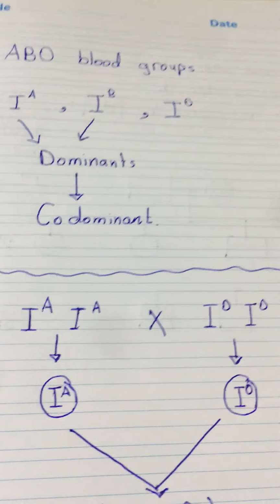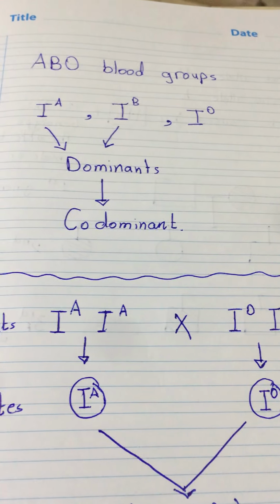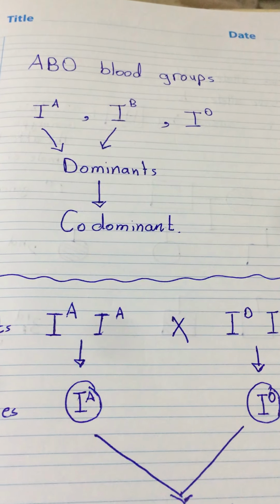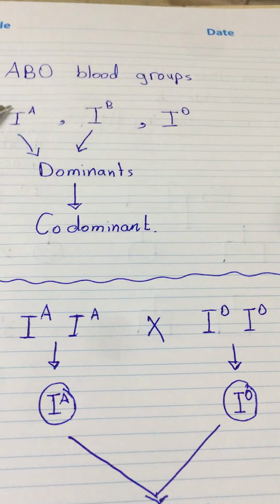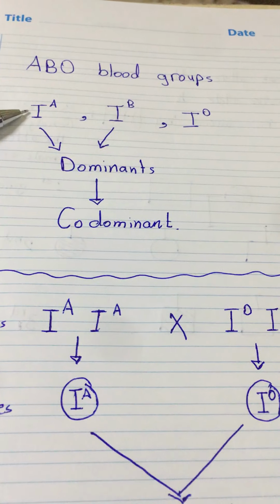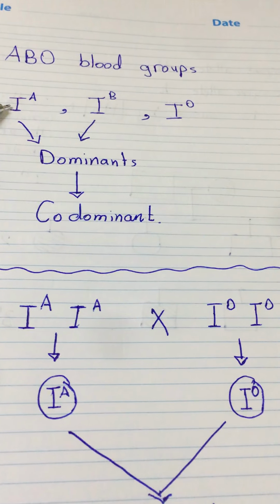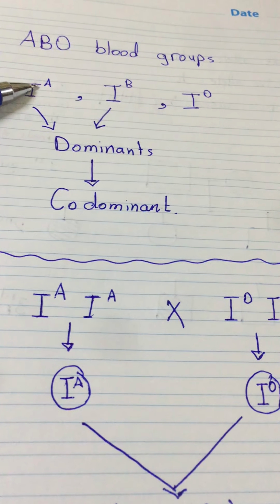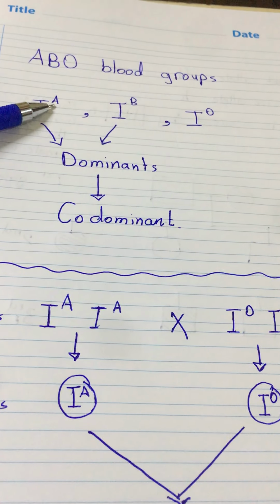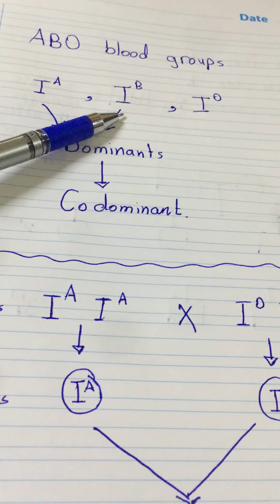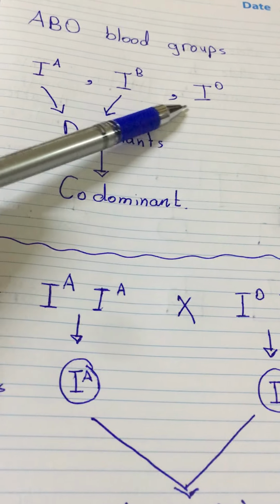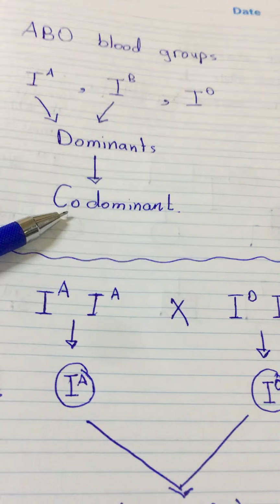You know that we have 3 groups of blood, A, B, and O. Here you have to know that the gene of blood is carried by I.